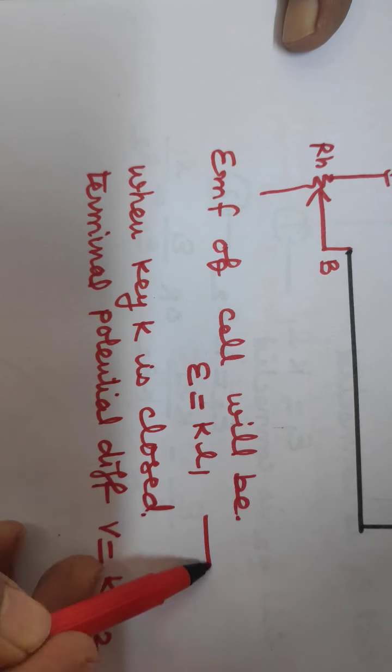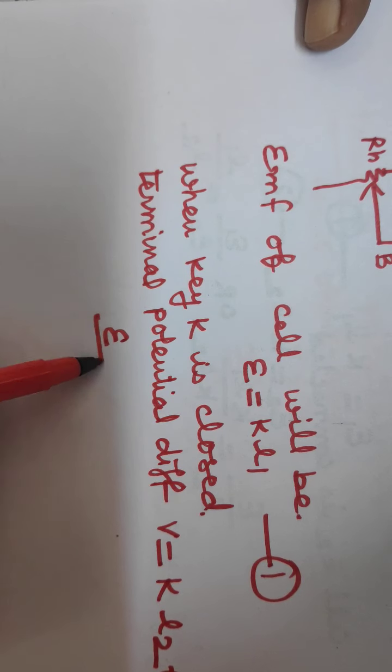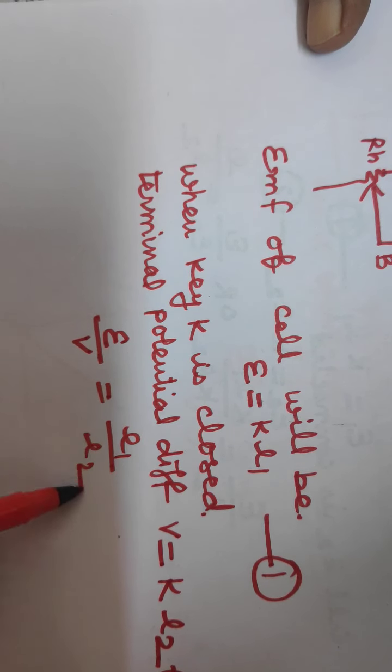So from the first equation and the second equation we can say E upon V equal to L1 upon L2.